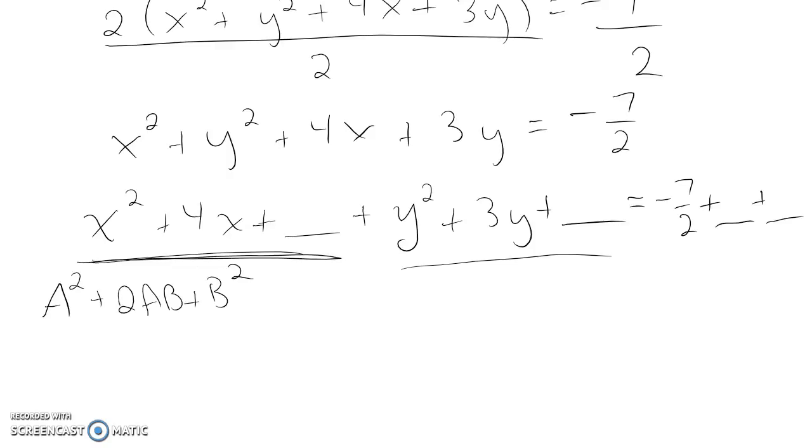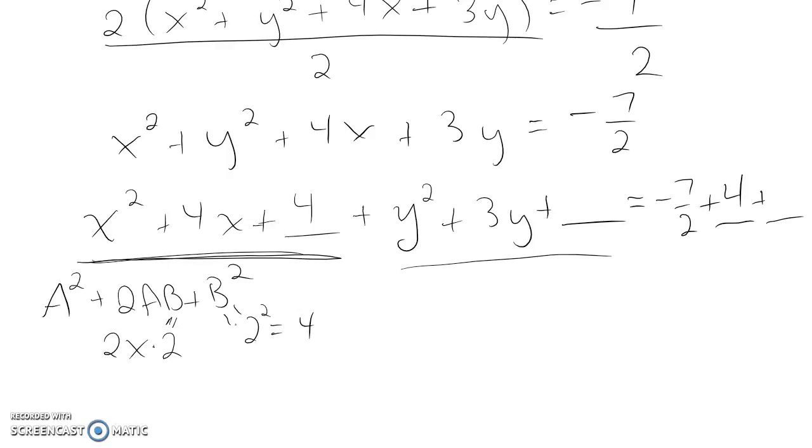If I think of 4x as 2ab, and a is x, so this would be like 2x. The thing that I need to make it 4x would be another 2. So that tells me that my b is 2. So b squared will be 2 squared, or 4. So 4 is the number that I'm going to add on the left to make a perfect square trinomial, and on the right.